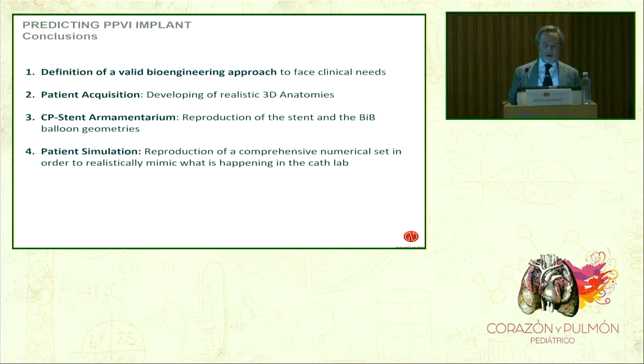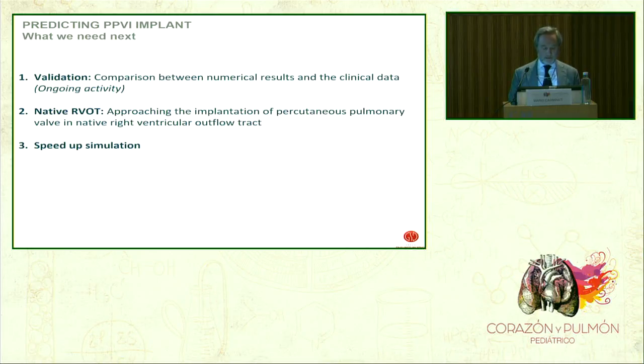We want to develop a realistic 3D anatomy before bringing the patient to the cath lab, and try to understand what is going to be the behavior of the tissue. But sometimes when you have a lot of calcium, this is not possible 100%. So we have to be aware of the limitations of this technique. And possibly we can speed up the simulation.